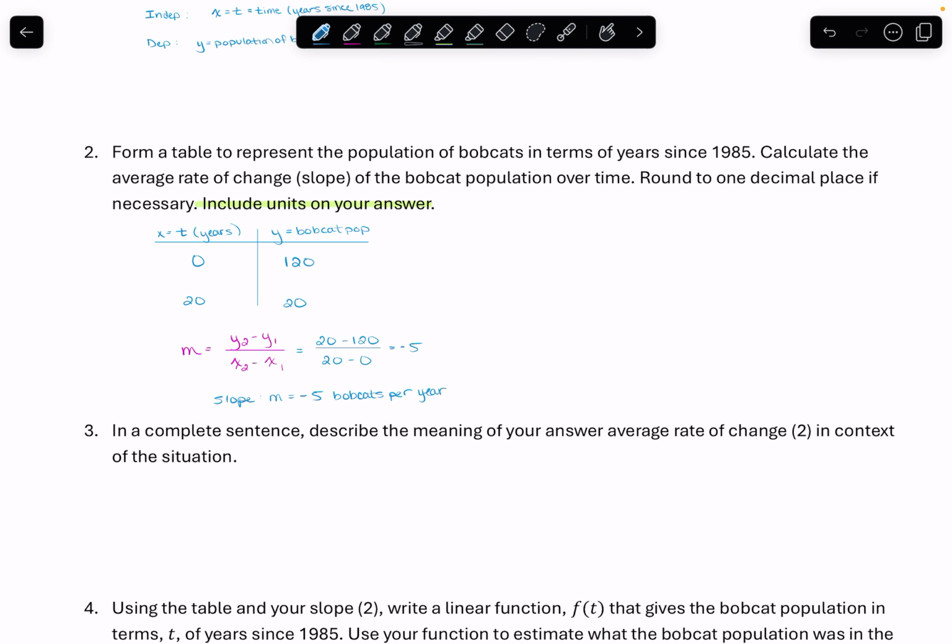All right, 3, in a complete sentence, describe the meaning of your answer average rate of change from what we just did above in context of the situation. So that means rather than just saying the slope is -5 bobcats per year, explain what this is meaning.